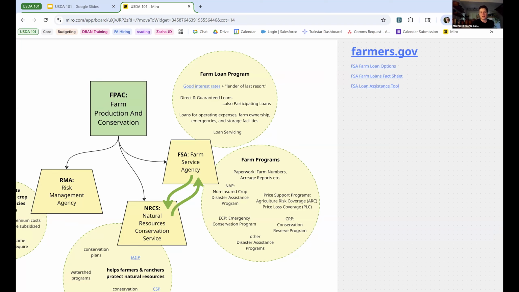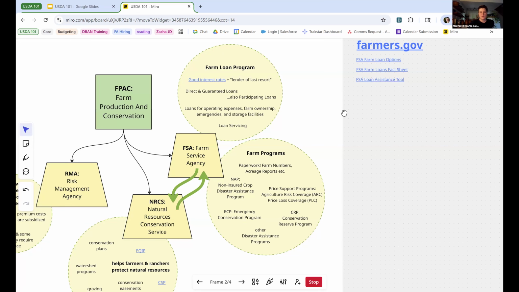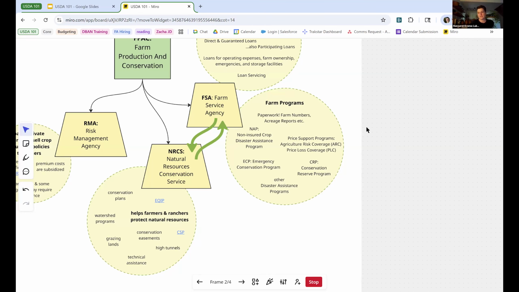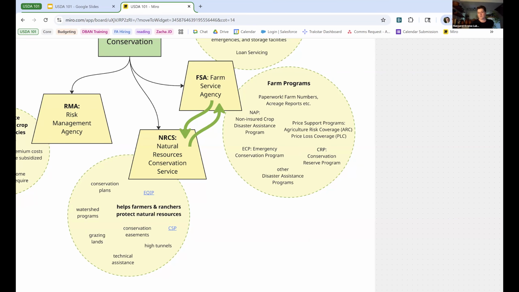To talk a little bit about the link between FSA and NRCS, it's important to understand the relationship between the two agencies. So you're typically going to find them in the same office at your local USDA service center. There is a lot of exchange basically between the two agencies, but they don't do each other's work.